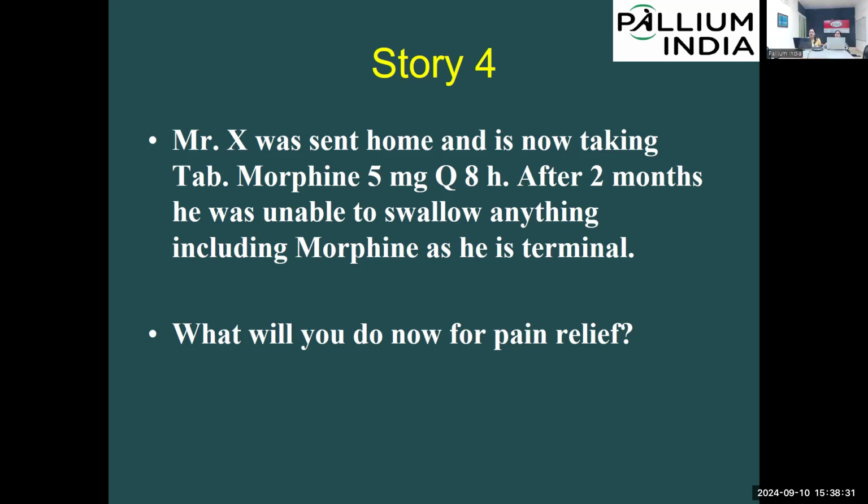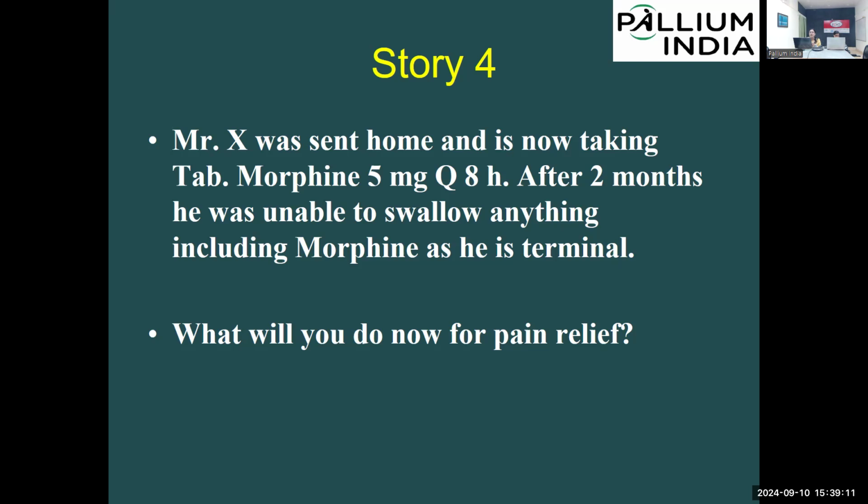Yes, injection morphine can be provided, but in home settings, is it always practical to send the patient on intravenous morphine at home? It could be difficult, right? The family might not be able to handle it well at home. Though we send morphine at home, we try to convert it to the subcutaneous route. But still, are there any other measures by which we can send the patient home?